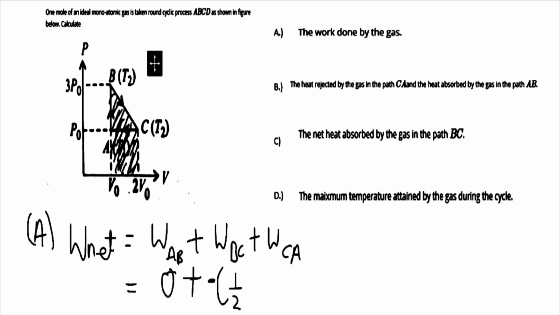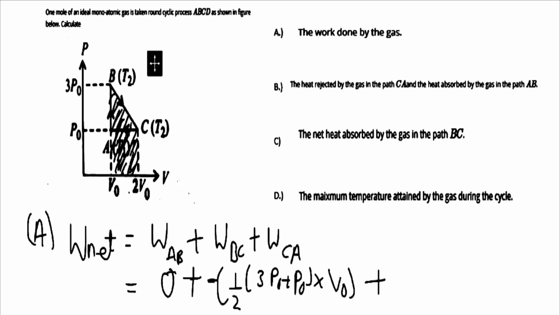So half into the area of trapezium is half into the sum of the parallel sides, that is 3 P naught plus P naught, that is the sum of the parallel sides, into the distance between them, that is V naught. So this is the whole magnitude with sign of the work done in the process B to C.